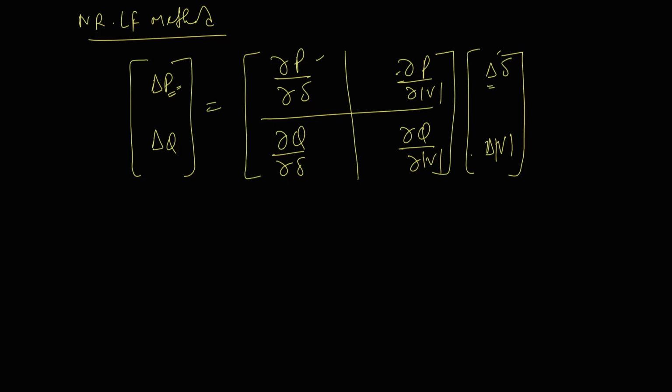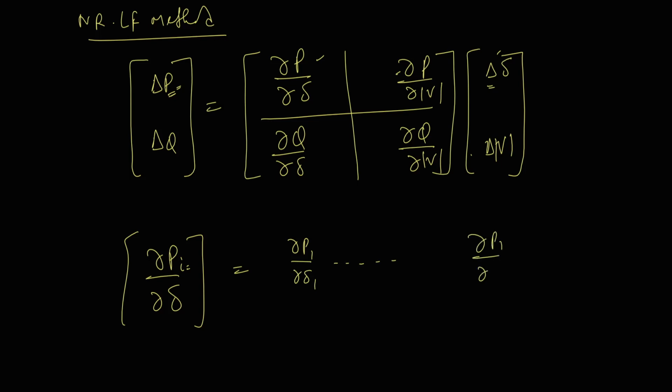That is, if I write down dou p by dou delta submatrix, p is actually running from all buses except slack. So that means I can write this as dou p1 by dou delta 1 to dou p1 by dou delta n.